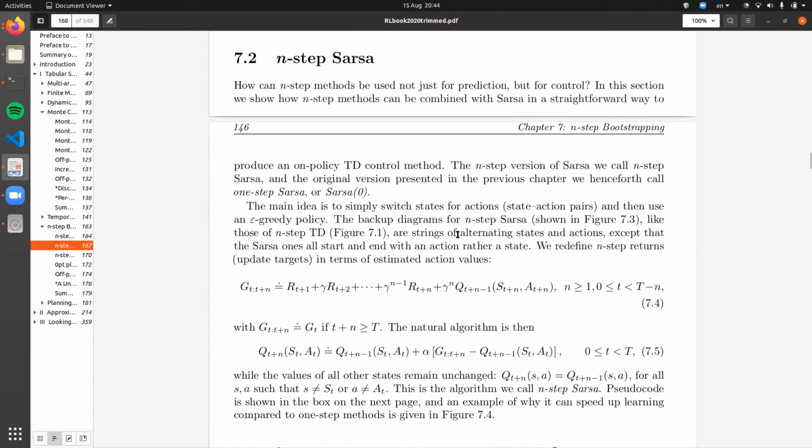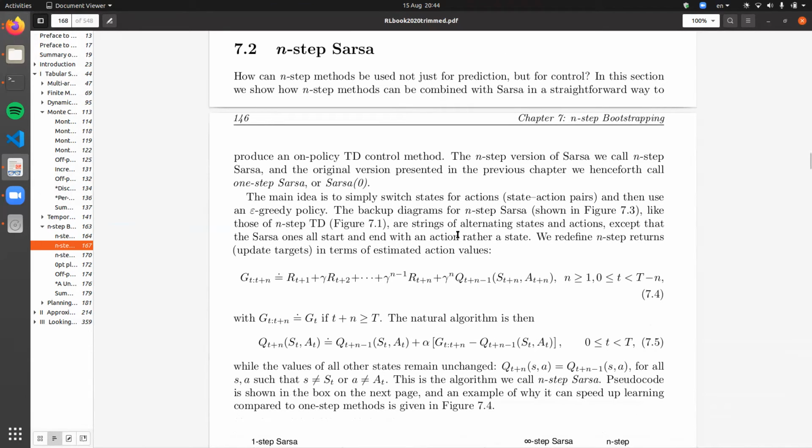Okay, so now let's move to the n-step control. And the first algorithm we will be looking at is n-step Sarsa.